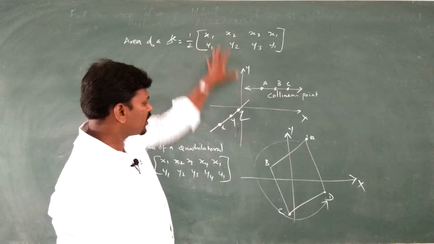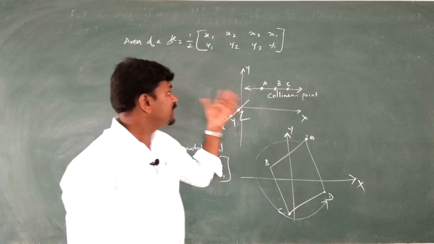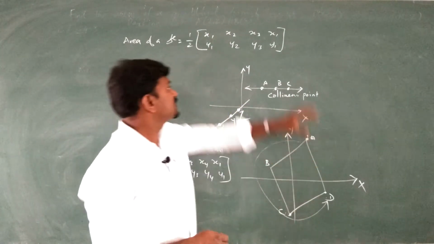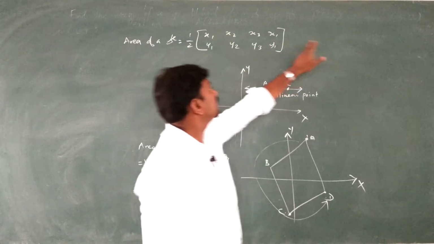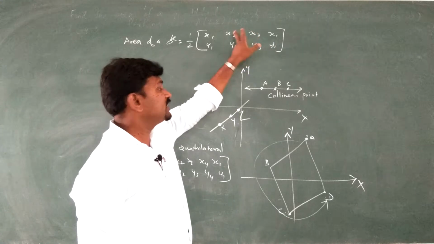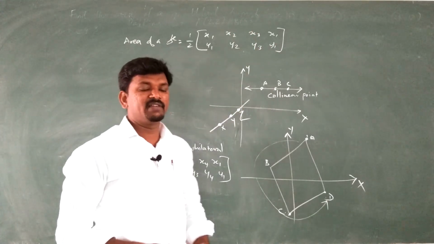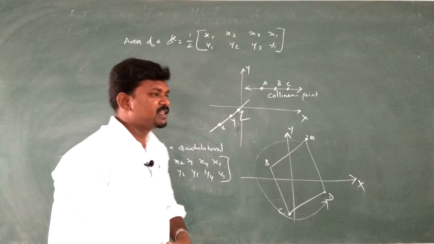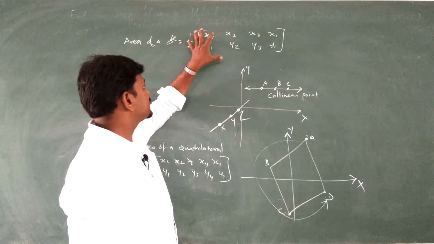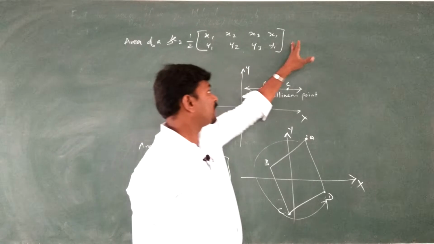We have to be familiar with these two formulas, and we have to understand collinearity. Sometimes in the area of a triangle they will give the answer, and we have to find any one of the unknown coordinates. In that case also we use the same formula.